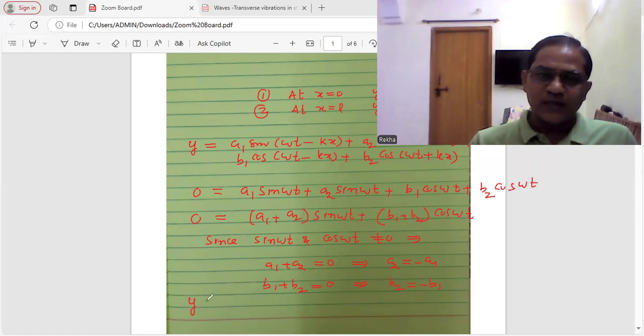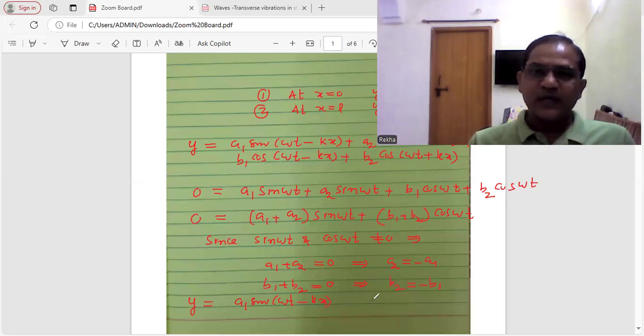Then we get y is equal to A1 sin(ωt − kx) plus A2 sin(ωt + kx). Instead of A2, you substitute minus A1, then minus A1 sin(ωt + kx) plus B1 cos(ωt − kx).